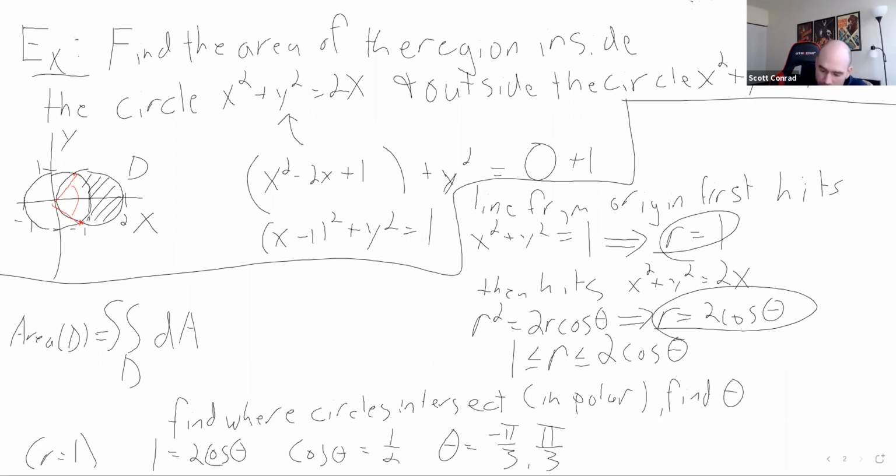So we got our bounds for theta, right? So we have negative pi over 3 down here, pi over 3 up here. Our interval for theta is from negative pi over 3 up to pi over 3. Those are our bounds for theta.